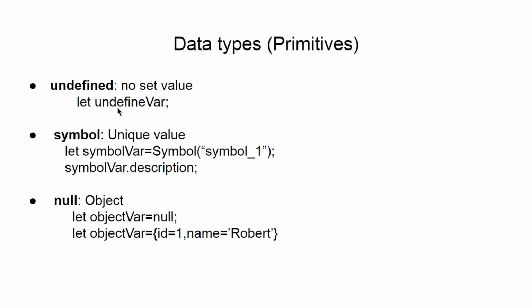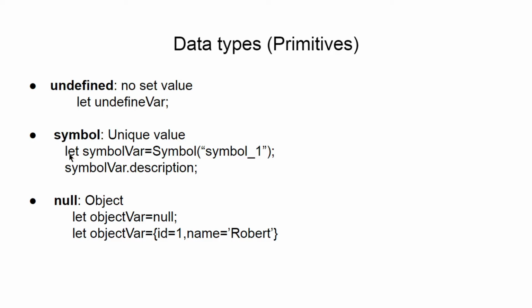The next data type is symbol. Okay, you declare a symbol data type variable when you need to use a unique value. For example, if you are working in memory with a list of different values and you want to be sure that all those values have a unique identifier, you use this kind of data type.